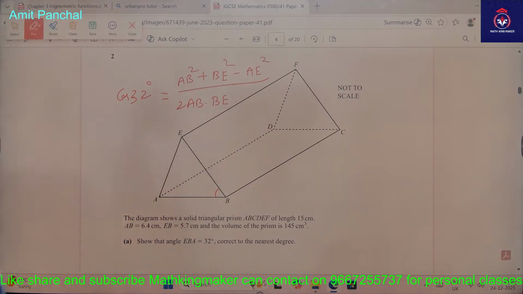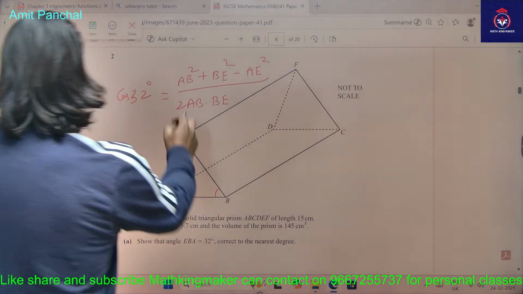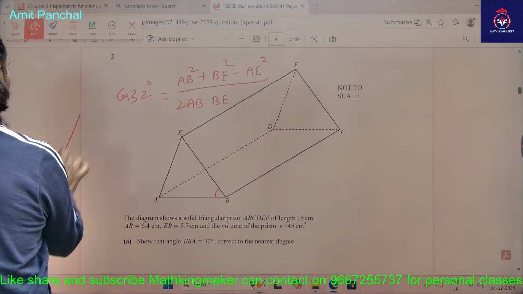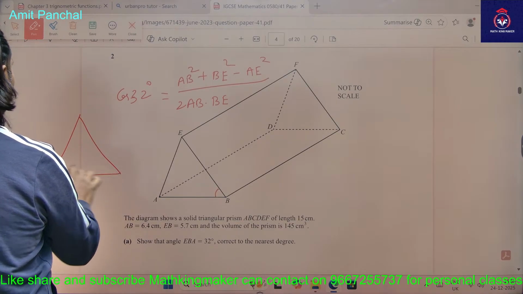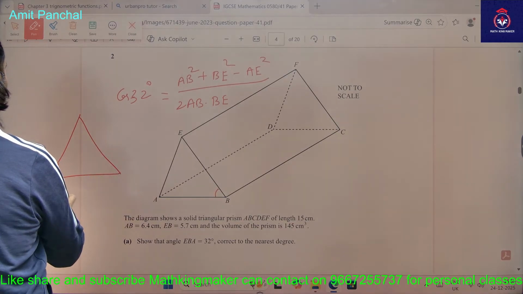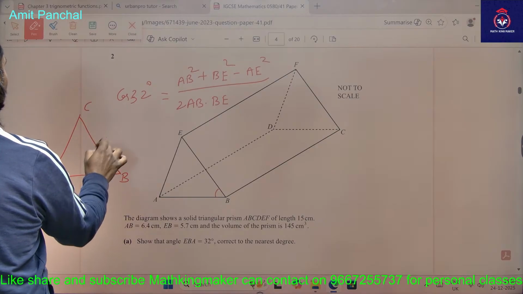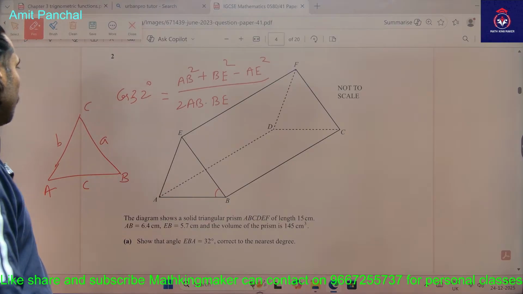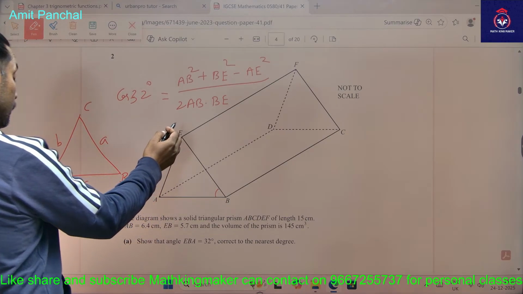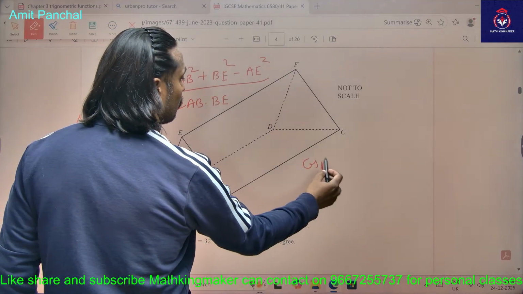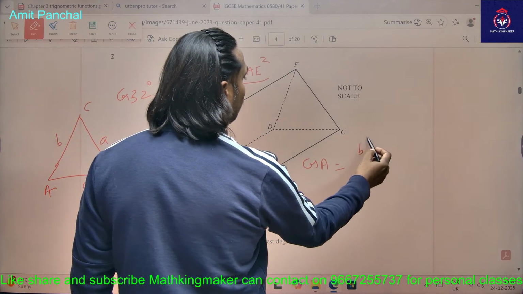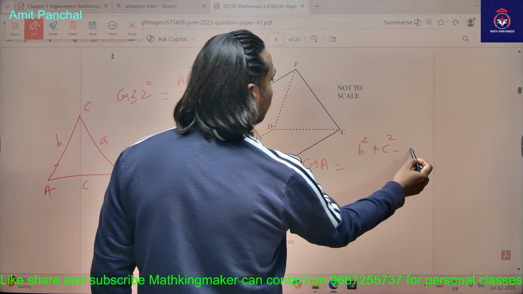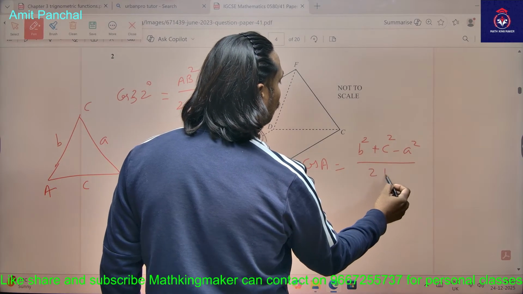The cosine rule given in our formula sheet is different. It says a square is equal to b square plus c square minus 2bc cos A. If this is triangle ABC, cosine rule can be defined like cos A equals B square plus C square minus A square divided by 2BC.